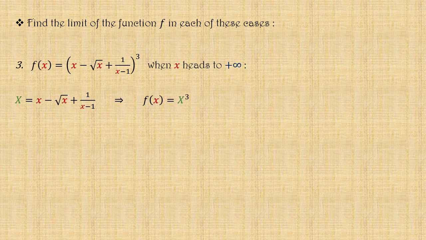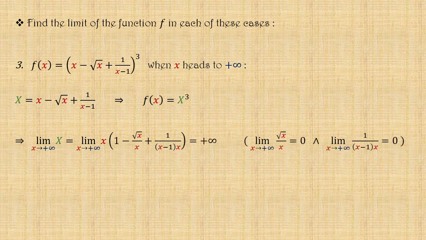Now to calculate the limit of capital X, when x heads to positive infinity, as this leads to a case of an indeterminate form, we will extract the variable x as a common factor from the terms of this sum. So the limit of capital X, when x heads to positive infinity, equals the limit of x times (1 - √x/x + 1/((x - 1)x)), when x heads to positive infinity, which equals positive infinity, as both the limit of √x/x and the limit of 1/((x - 1)x), when x heads to positive infinity, equal 0.